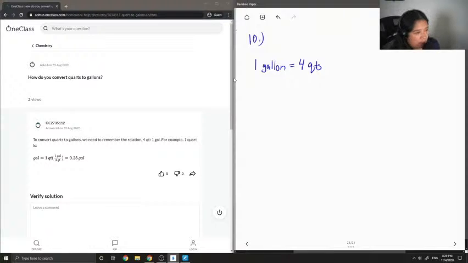So let's have an example of where we would need to calculate this in an everyday situation. So for example, how many gallons is, let's just give a random number, 27 quarts.